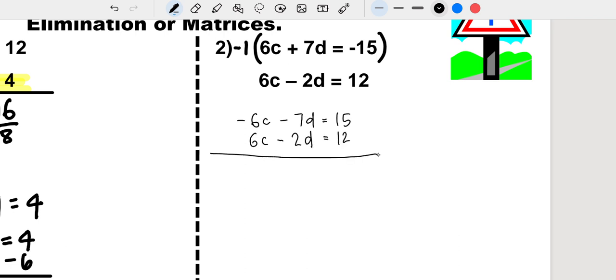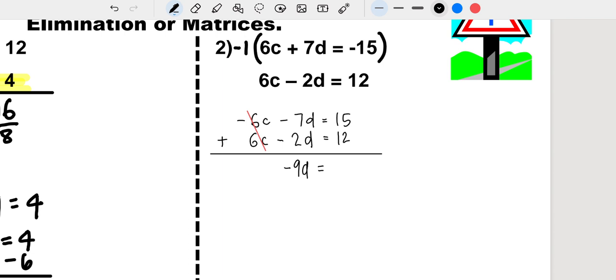And then I would add straight down. So again, negative 6c and a positive 6c would cancel out. And I'm left with negative 7d plus a negative 2d, which would be a negative 9d.